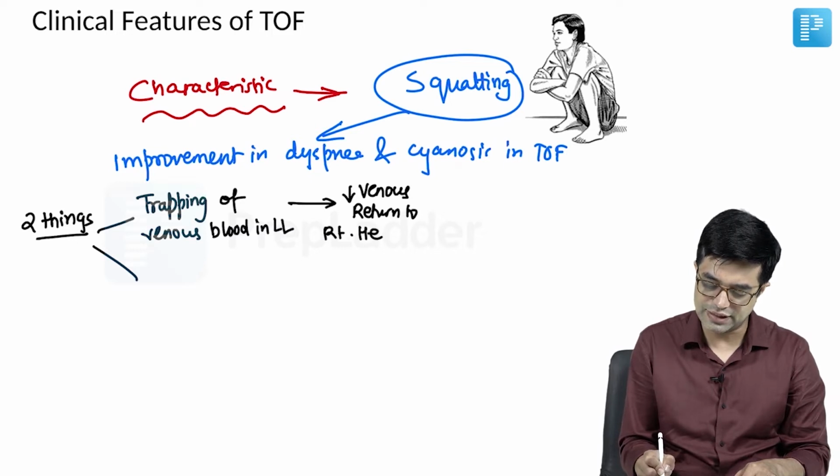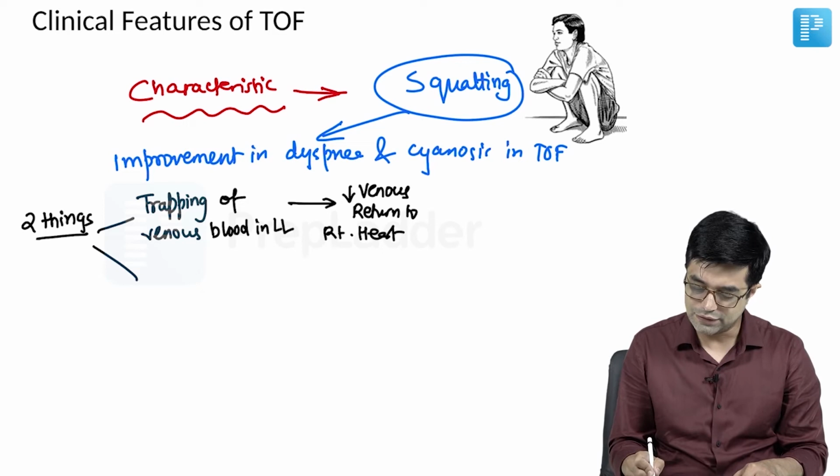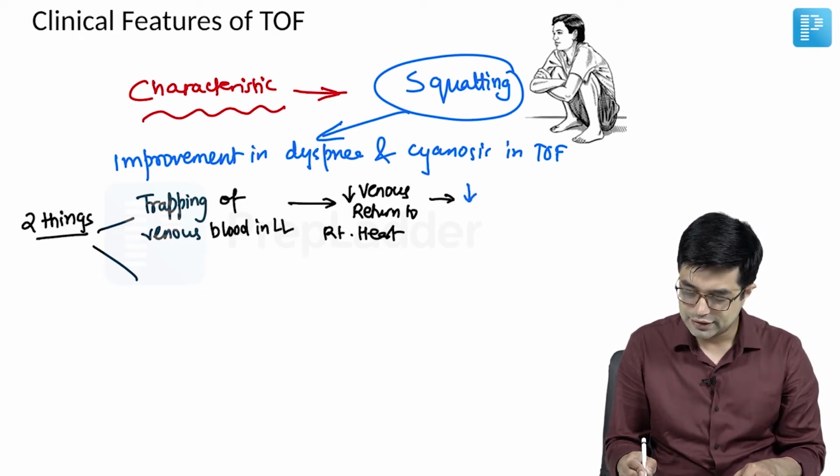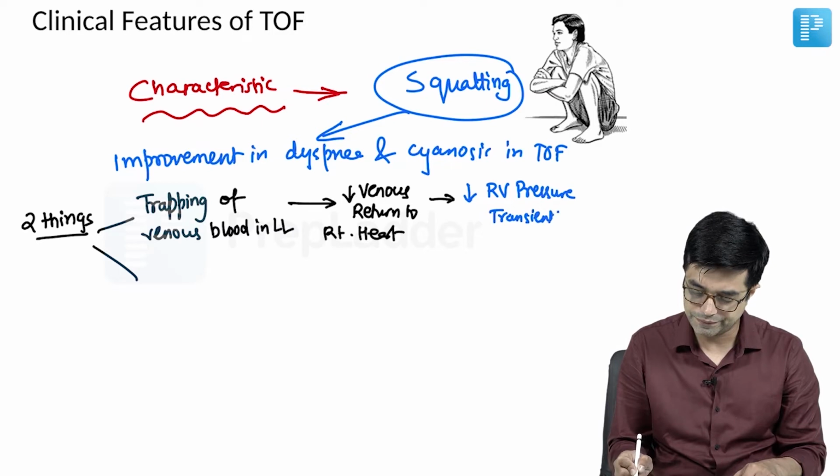Basically, your preload is decreasing to the right side, and this will lead to slight transient fall in the right ventricle pressure. So transient fall in the right ventricle pressure.